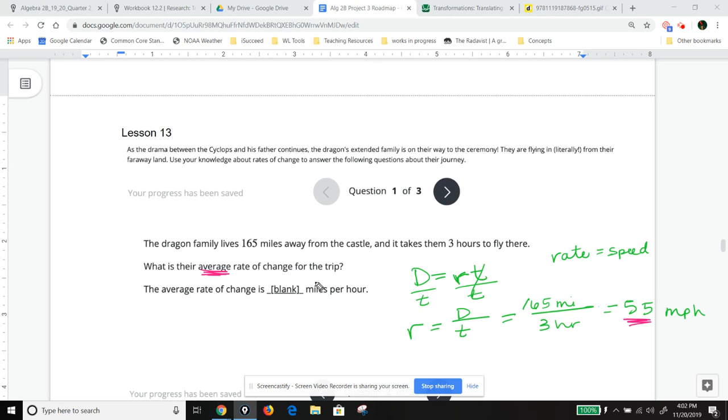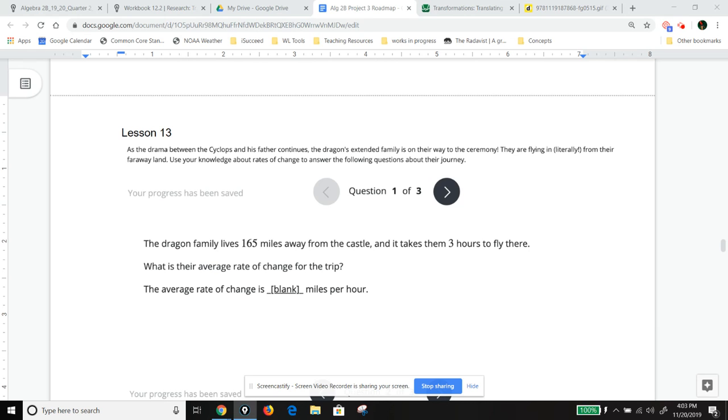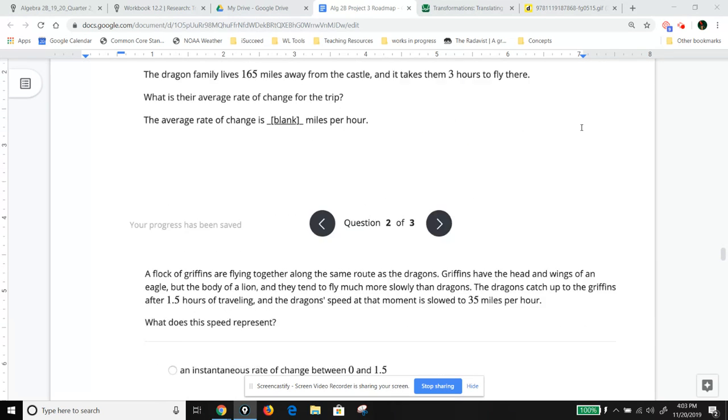So we're always changing speed, but on average, how fast were you going for this trip? On average, they were traveling 55 miles per hour. Were they always going exactly 55 miles per hour? Heck no. But over the 165 miles, they averaged 55 miles per hour. So that was question number 1.